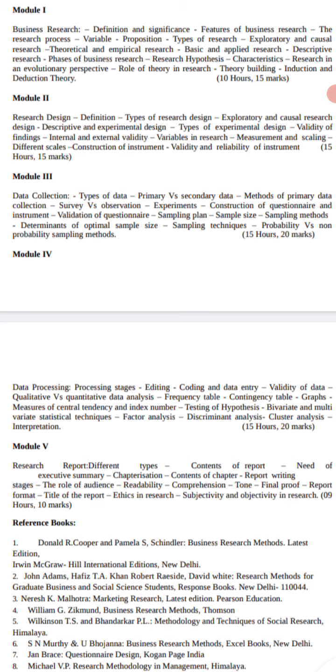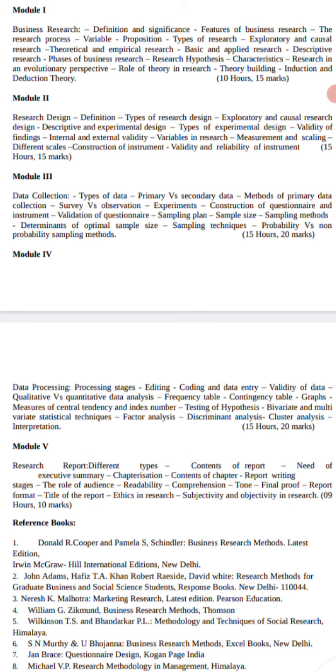So this is all about what business research is, what are the processes involved in it, what are the things that we need to do before doing a research, what are the different categories of it, who are the persons involved in it, then what is the importance of doing a research, stuff like that, right?